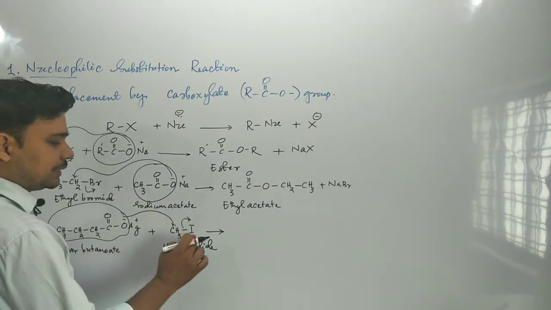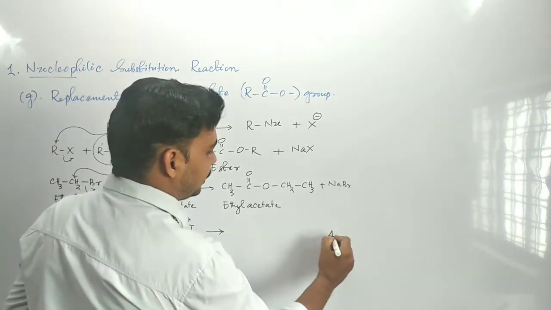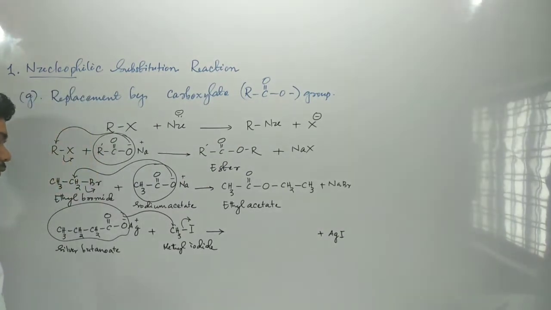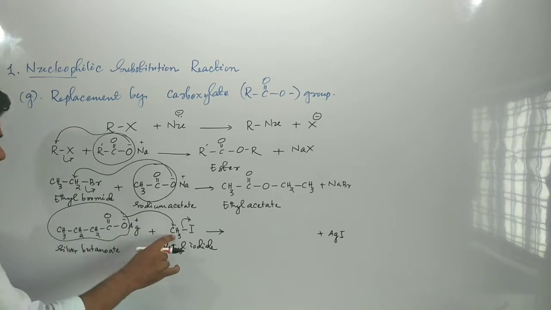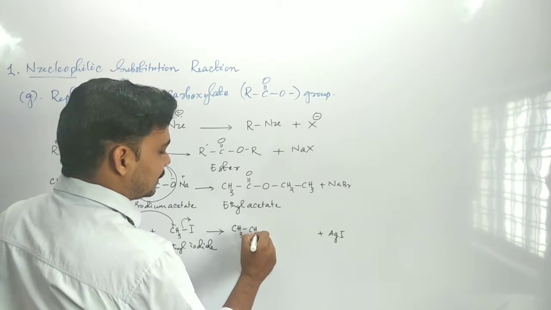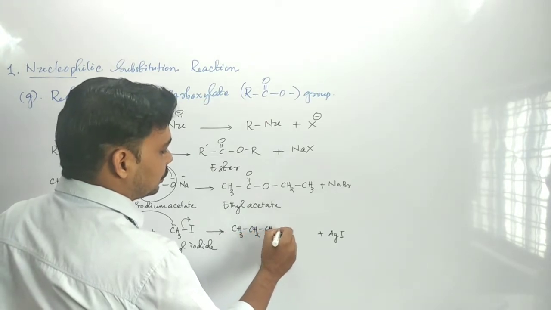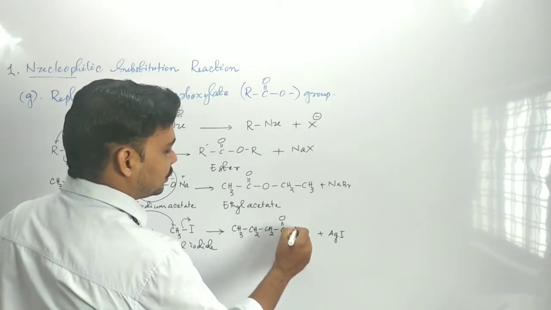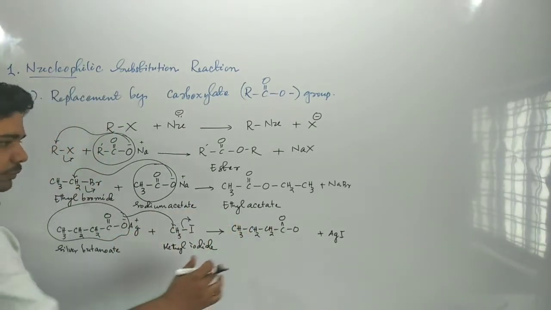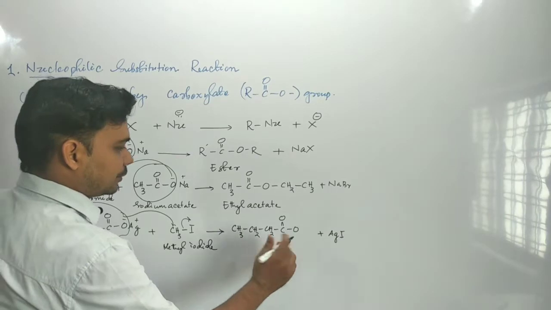Ag plus and this I minus will give rise to AgI, silver iodide, plus the ester obtained is CH3CH2CH2 COO, and now this oxygen is attached to the methyl group. This is the carboxylate part of the ester.